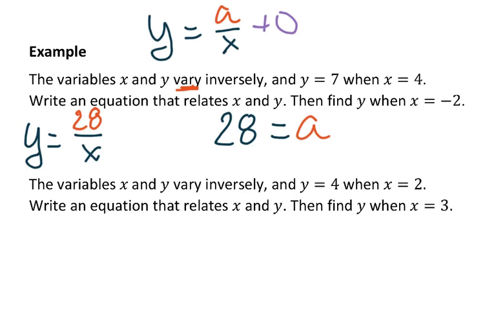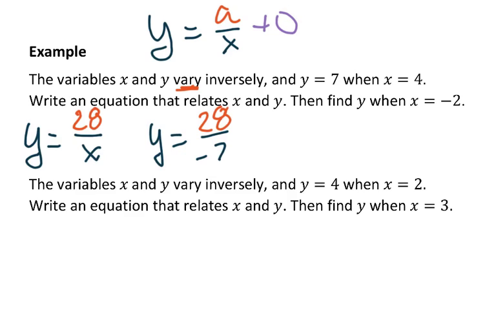I'm going to erase some. Are you ready for it? Here it goes. All right. So when x is equal to -2, well, y is equal to 28 divided by -2.